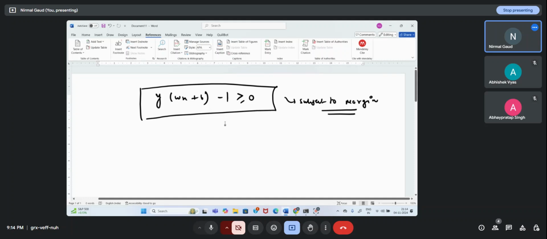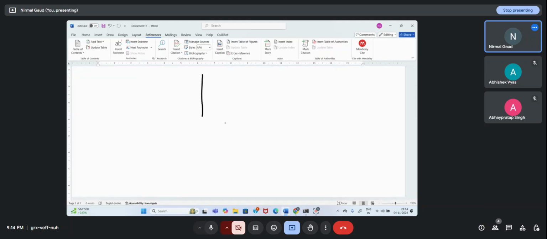Again, if you see, this is your hyperplane, this is your h2, this is your h1. We have combined the equations of h1 and h2.